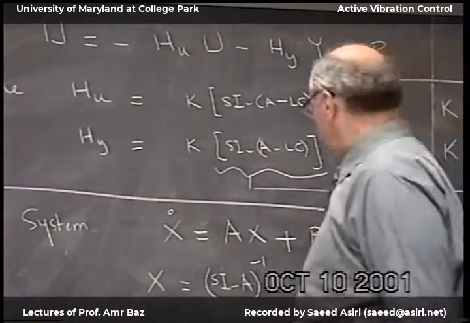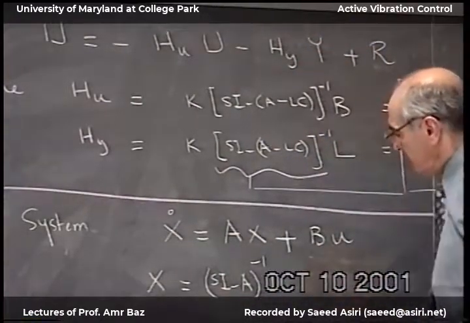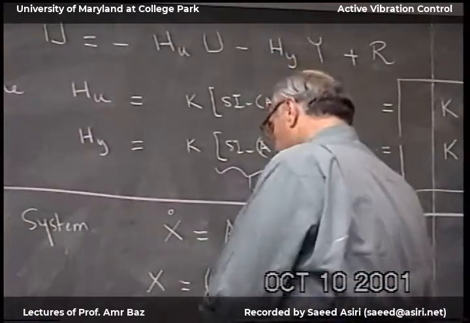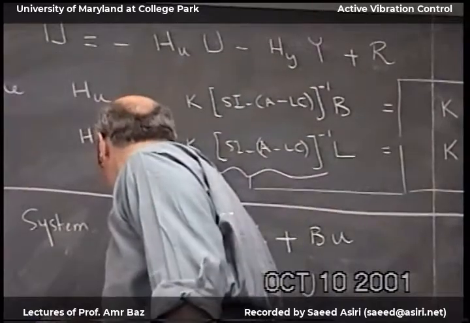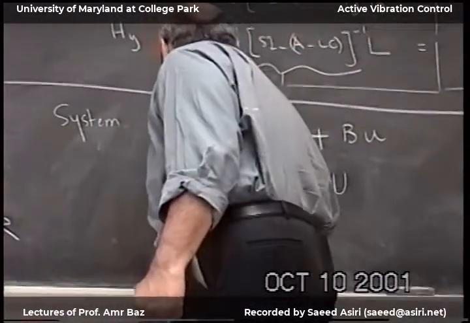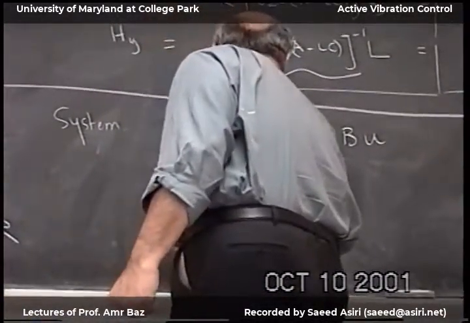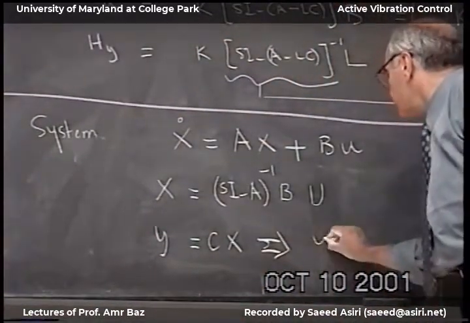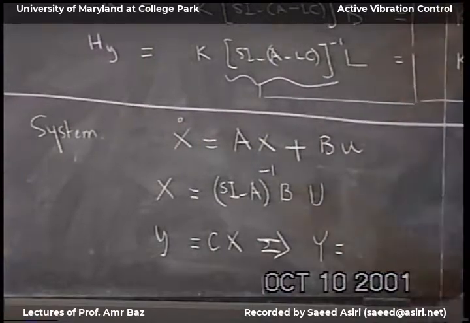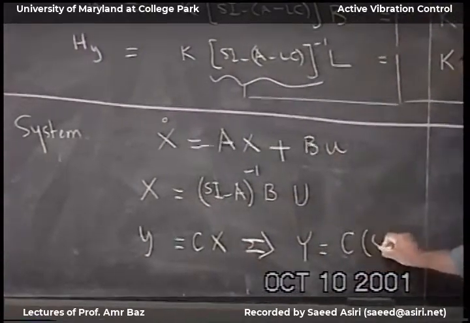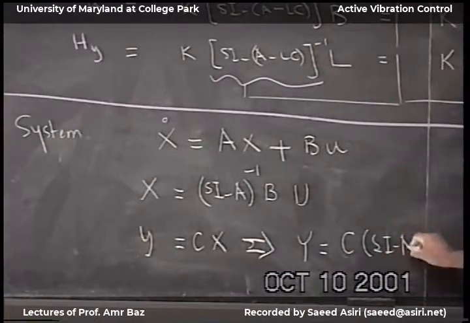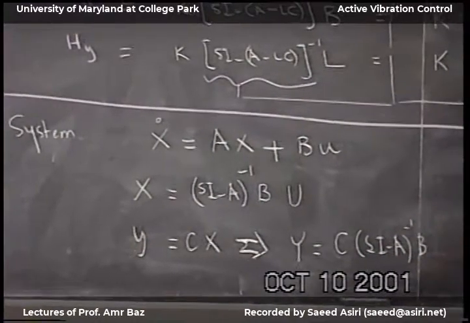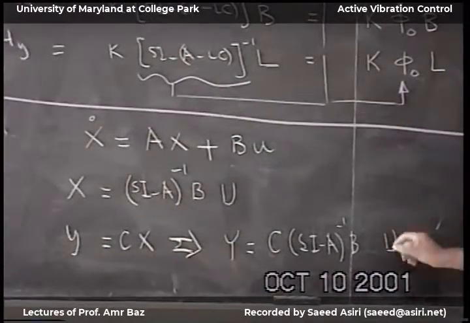And then if y is equal to Cx, we have y in the Laplace domain equal to C (sI minus A) inverse B, and then this would be my u.